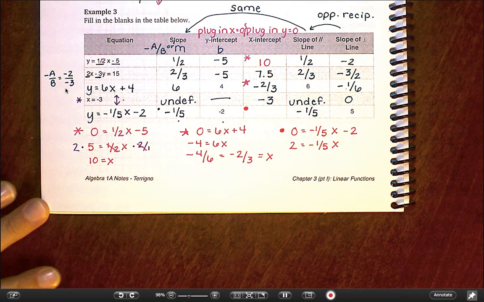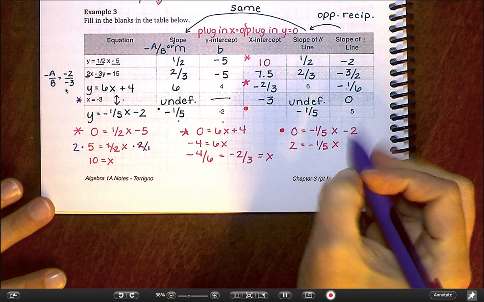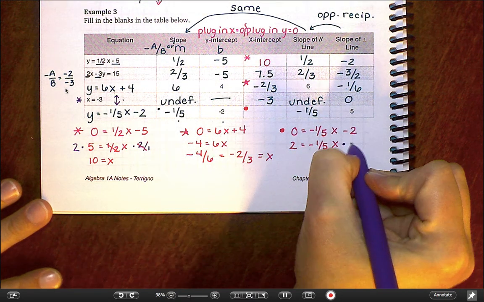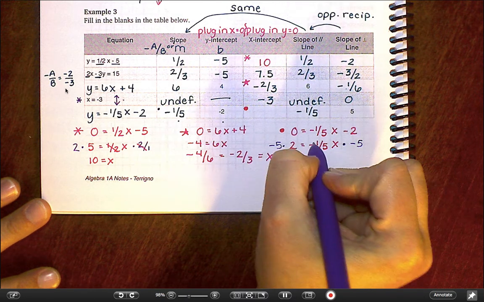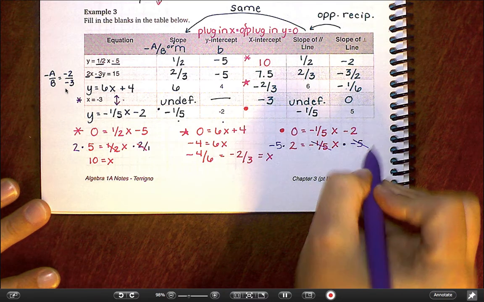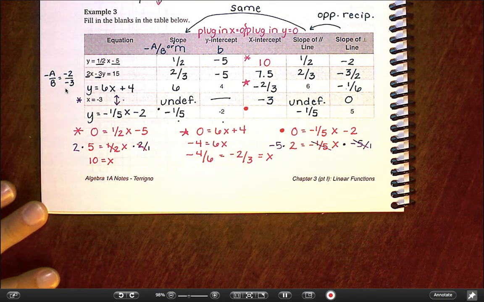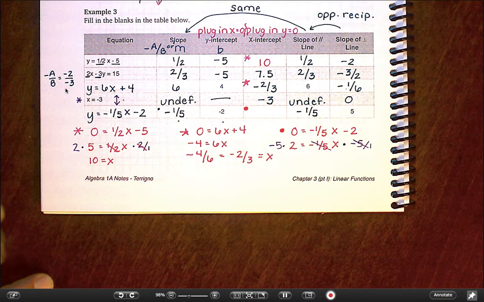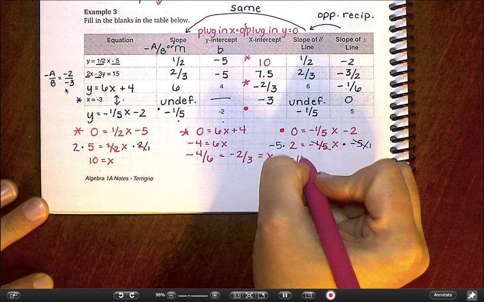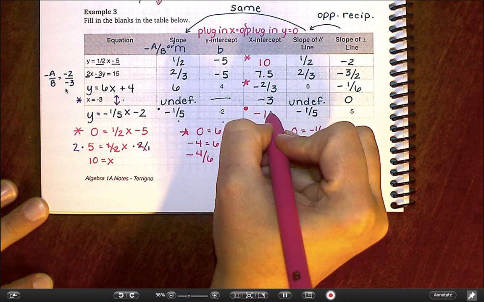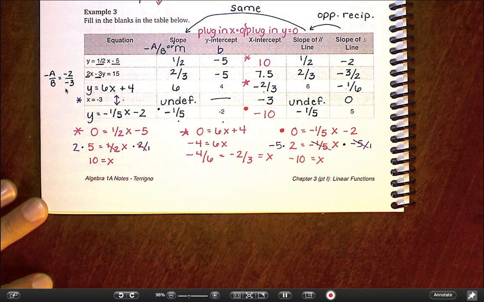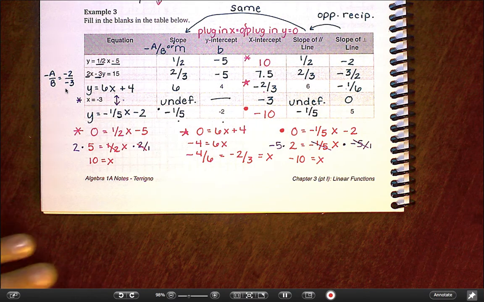And then to get rid of a negative 1/5, I'm going to multiply by the reciprocal, which would be negative 5 and negative 5. That negative 5 is going to cancel with the negative 1/5, because remember, that's really negative 5/1, okay? And so then I end up with negative 10 for my x value. And so my x-intercept here is negative 10. Ooh, that bothers me that I did that one in green and the other one's in pink. Oh well.